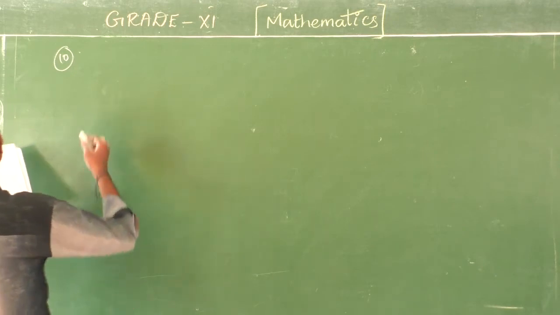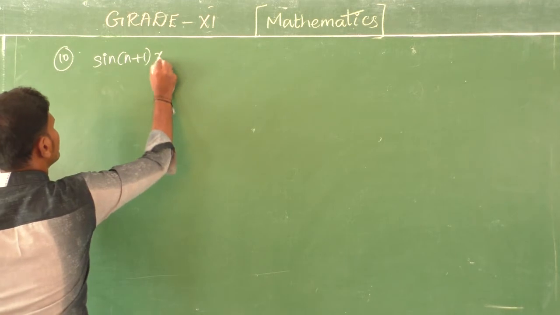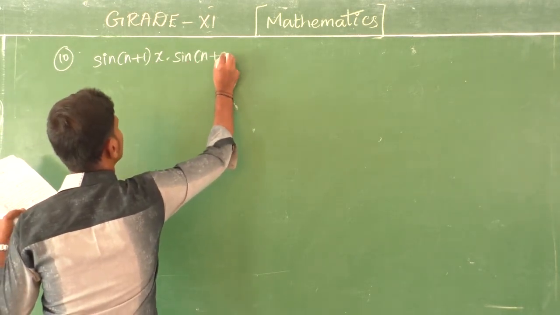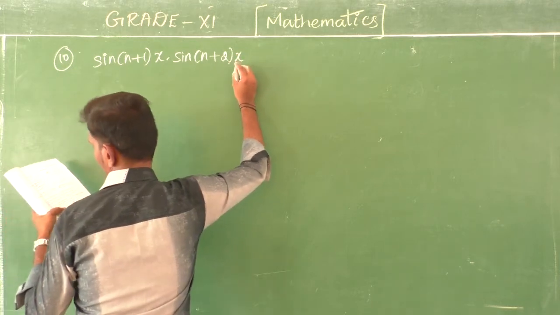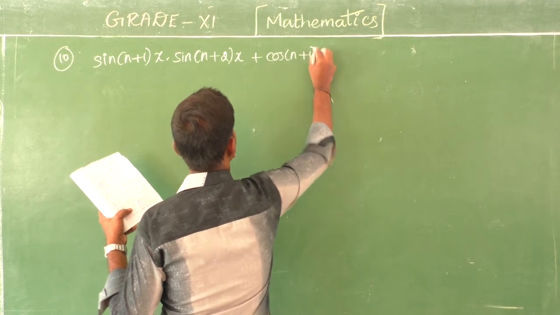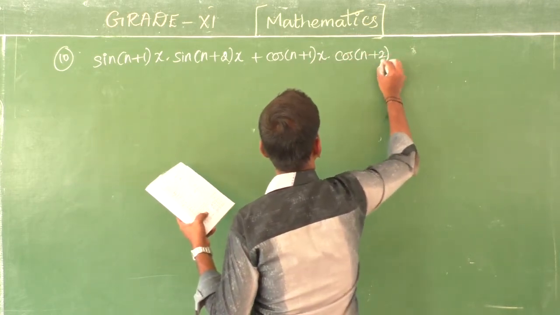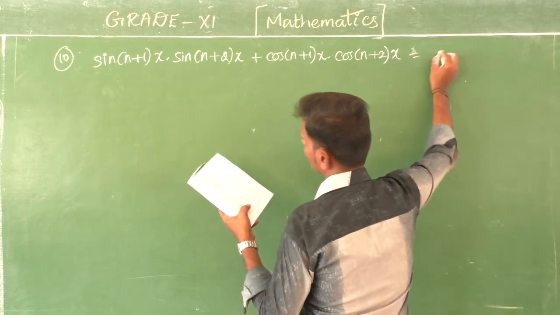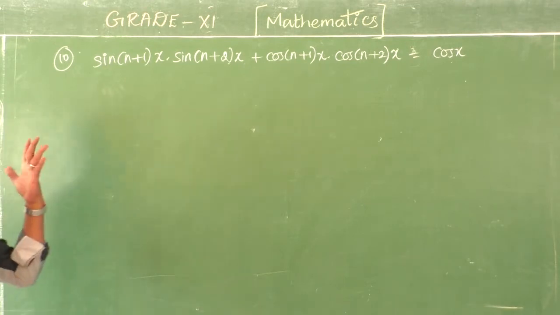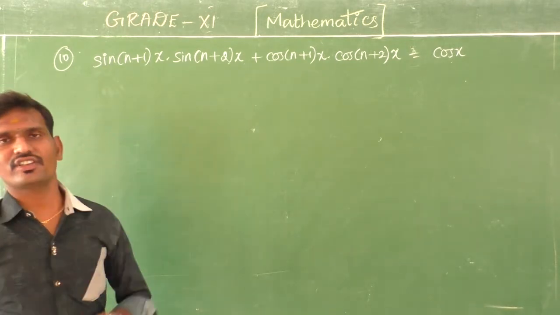So the 10th question is given to you: sin (n plus 1)x into sin (n plus 2)x plus cos (n plus 1)x into cos (n plus 2)x, which is equal to cos x. See, the question is very lengthy, but the answer is very short. So that is cos x.